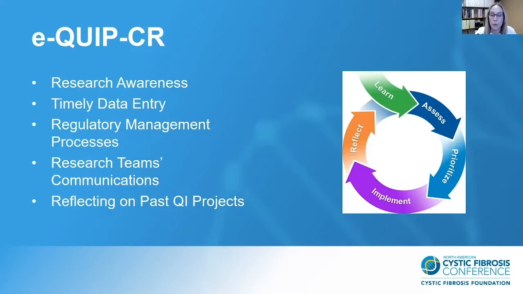Then a discussion of regulatory processes to prevent errors in delegation logs, a process that occurs at startup and throughout the life of a study. A large CF center addressed how to communicate between research groups in order to avoid unintentional participant co-enrollment in research protocols, maintaining data integrity, as well as equity among research protocols and participants. Finally, we'll end with a discussion from a site reflecting on past QI projects and how to move forward in an ever-changing research environment.